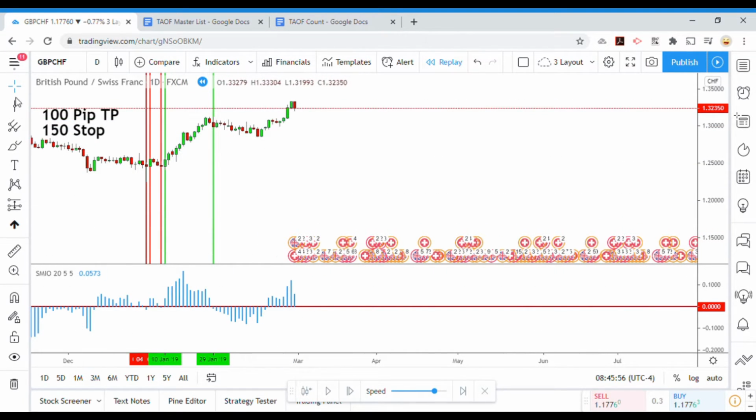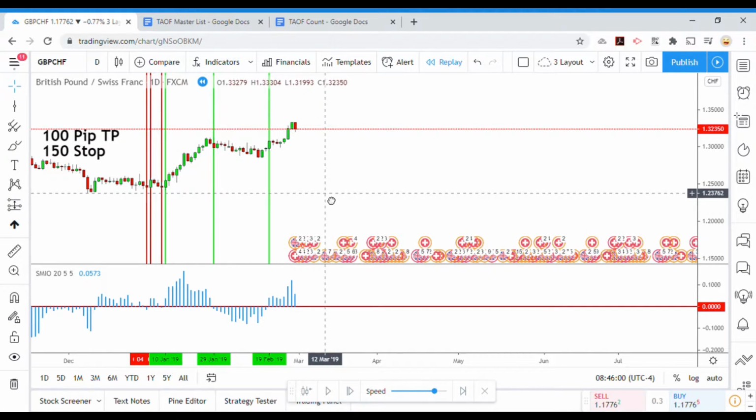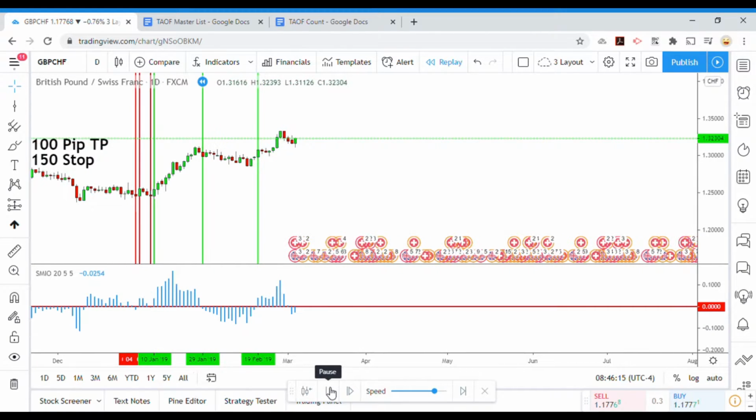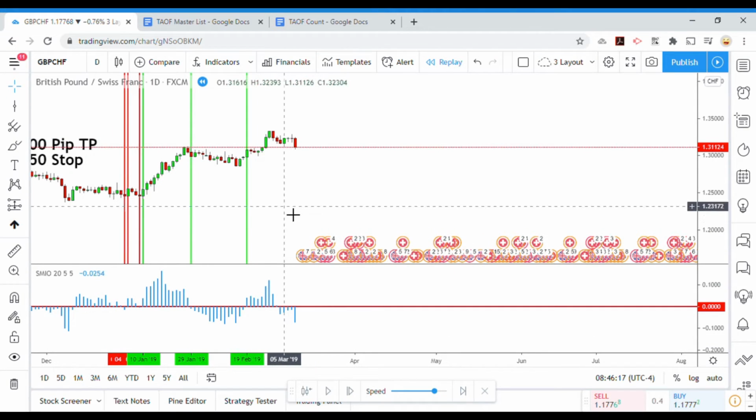Now across above, and another winner. If you watched the last video, the brother to this, the SMI Ergodic indicator, was doing fairly well also. Let's see if this one can follow suit and maybe pull out a few more wins.